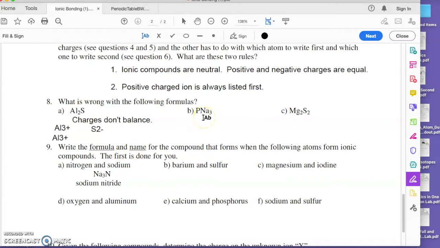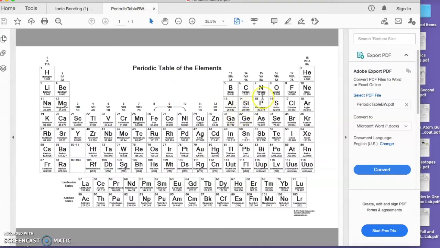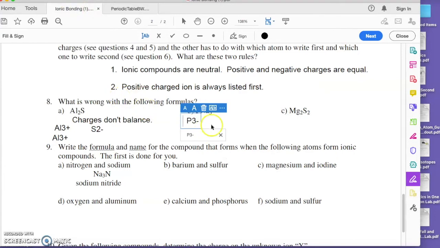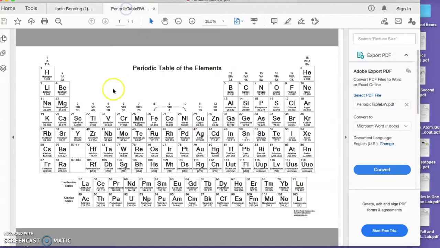So let's look at PNa3. Same process. We'll find phosphorus right here, under nitrogen, group 5A, which is -3 charge. And sodium is in this first group, so it's +1 charge.